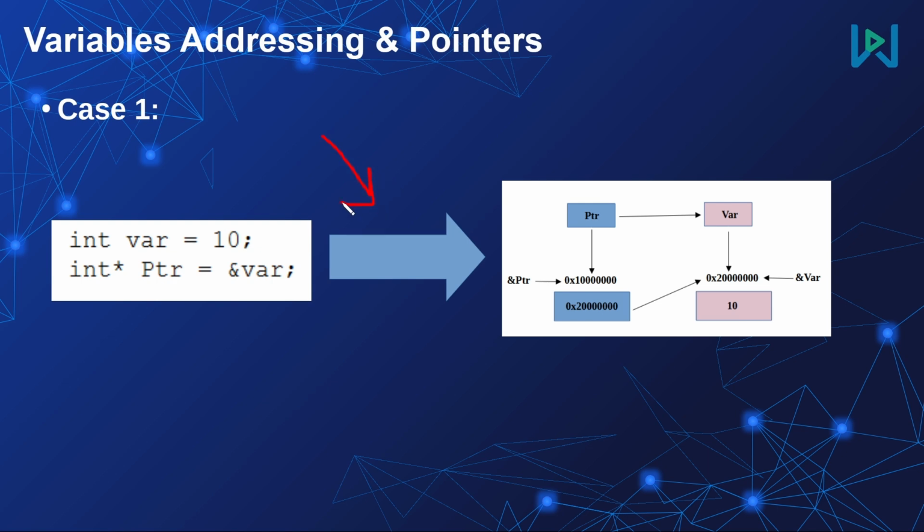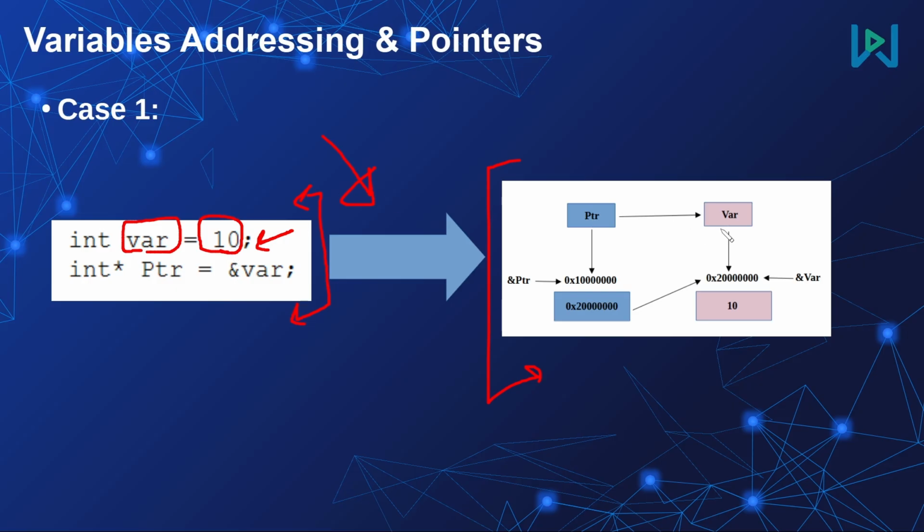Here we are trying to illustrate the mapping between the software manipulation of pointers and what is happening in reality at hardware level. In this case, we have declared a variable which gets initialized with the value 10.